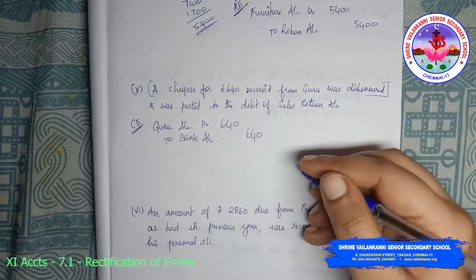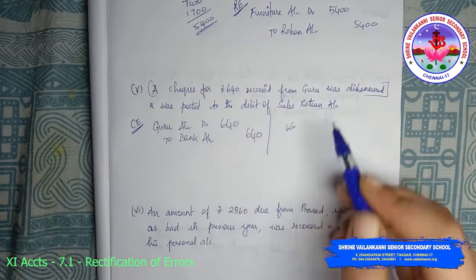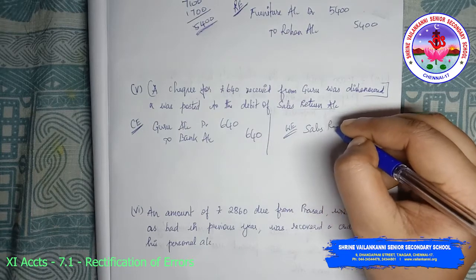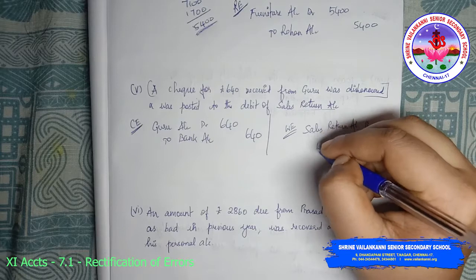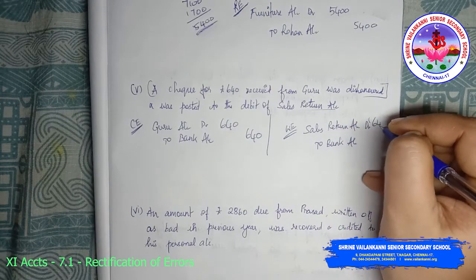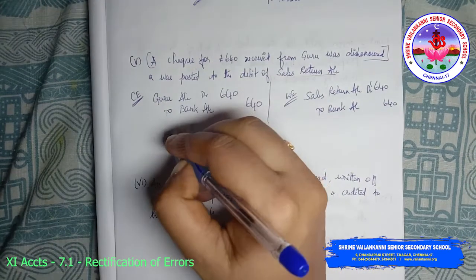640 is the correct entry. What is the wrong entry? They have posted to the debit of the sales return. So sales return account debit to bank account 640. This is the wrong entry. Now how to rectify it?